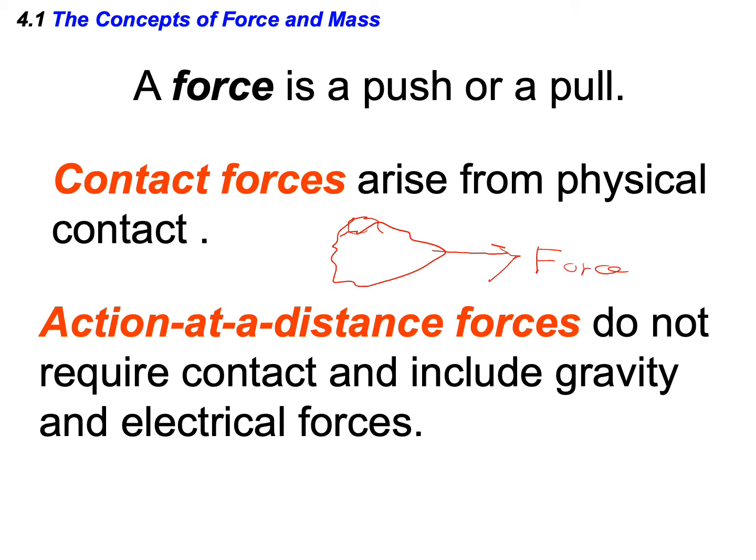If you consider two magnets, let's consider magnet 1, and let's say this is north. We know that if we bring two similar polarities together, those two repel.